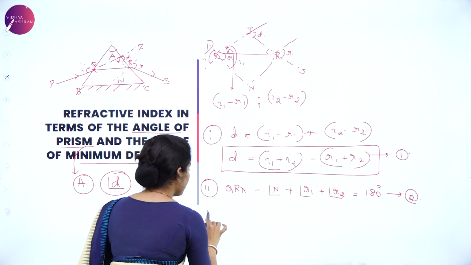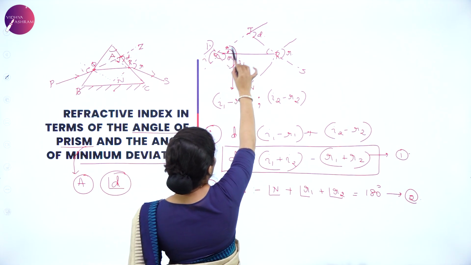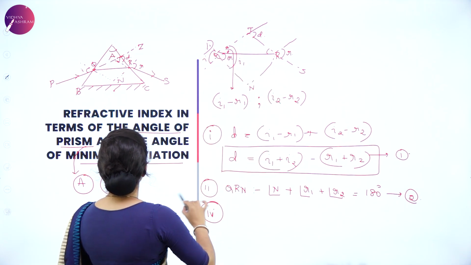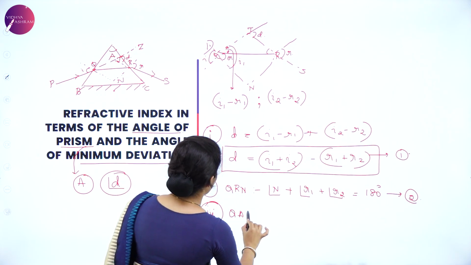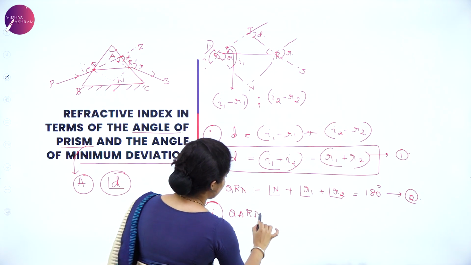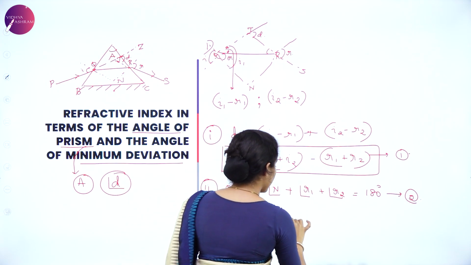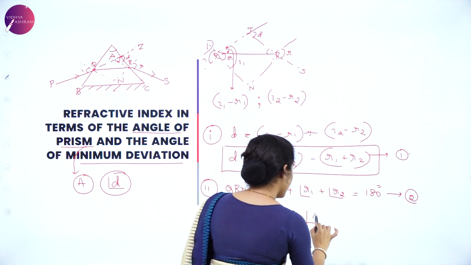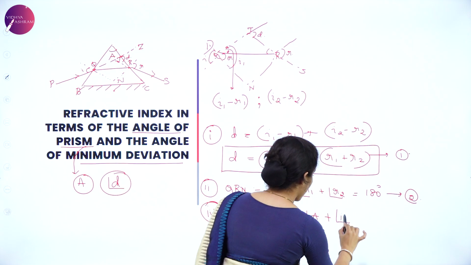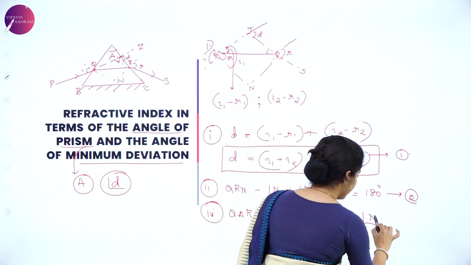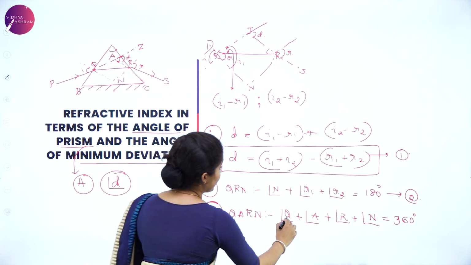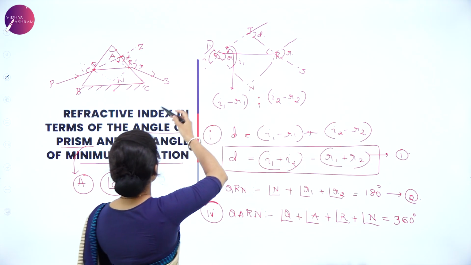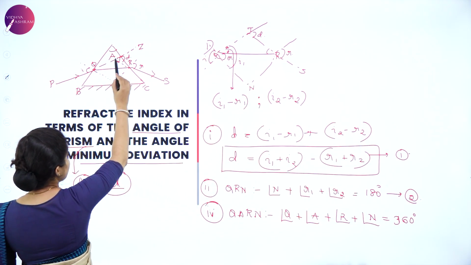And now we have the third equation, that is with respect to the quadrilateral. You have Q, A, R as well as N. That turns out to be angle Q plus angle A plus angle R plus angle N is equal to 360 degrees.